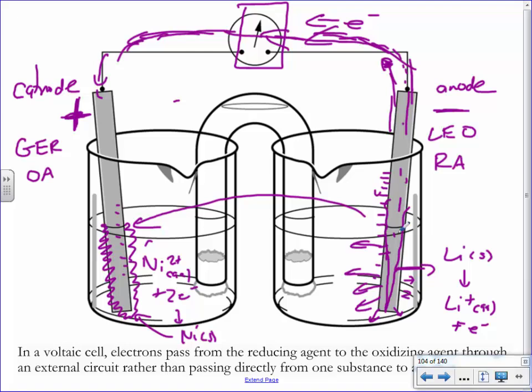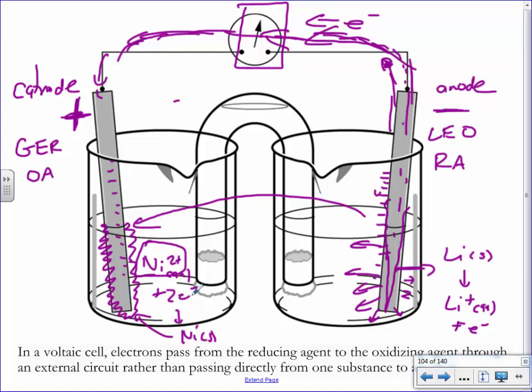That's what's happening here. Lithium solid is dissolving, turning into lithium ions. Through that process, it loses some electrons. Well, where do the electrons go? Well, they go through a nice conducting wire all the way over to here. Now there's a bunch of electrons just sitting over here, which is great because here's someone like, say, nickel 2+.